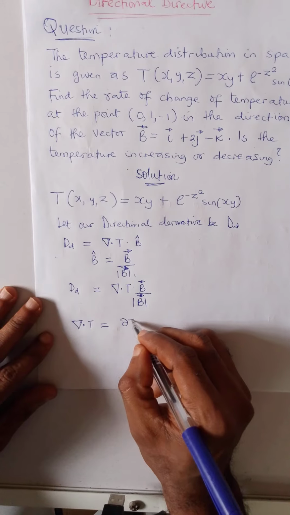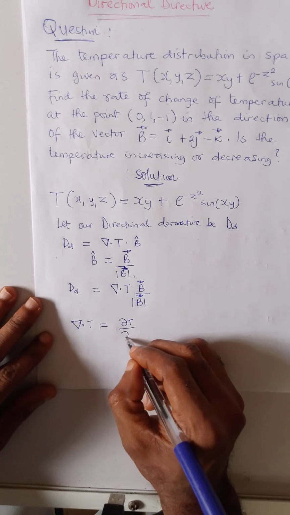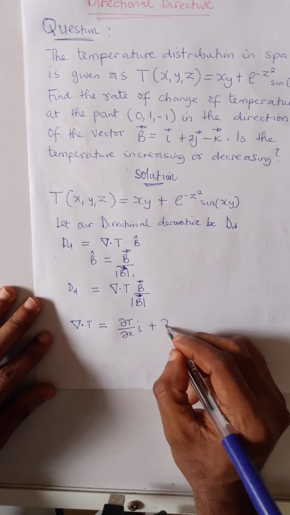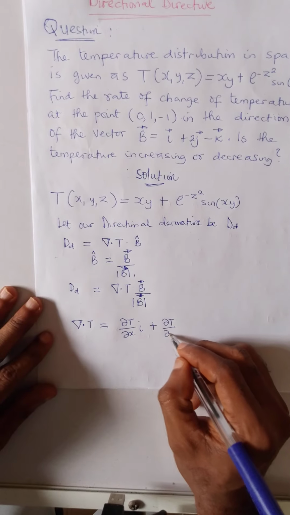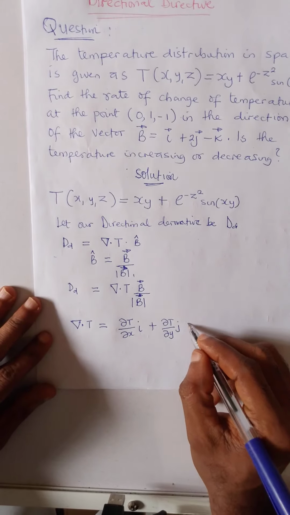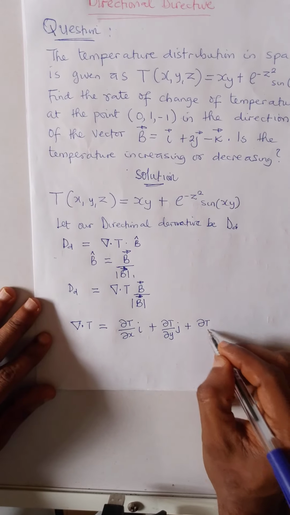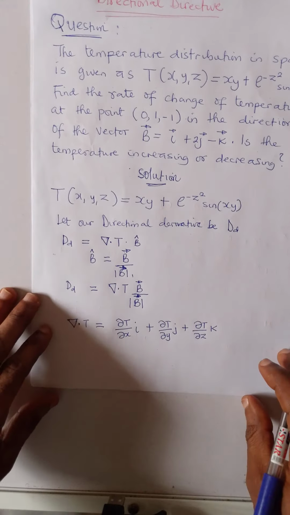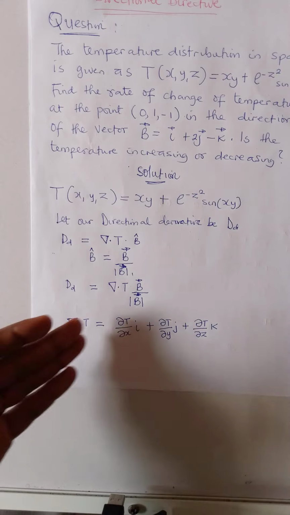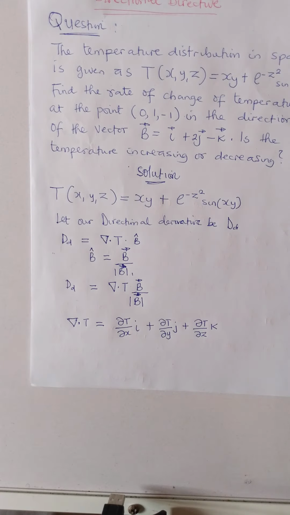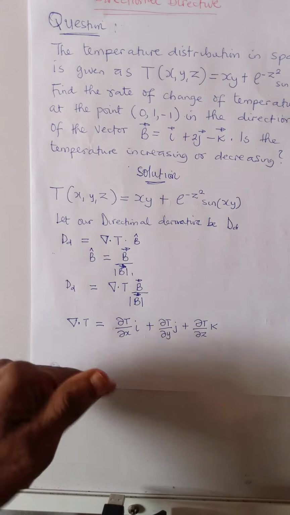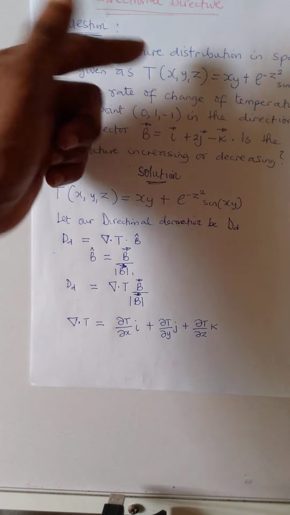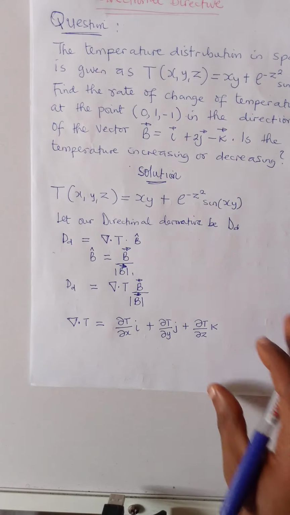We are going to have the partial derivative of T with respect to x in the i direction, plus the partial derivative of T with respect to y in the j direction, plus the partial derivative of T with respect to z in the k direction. Assuming it was maybe phi or theta, it would have been that instead.